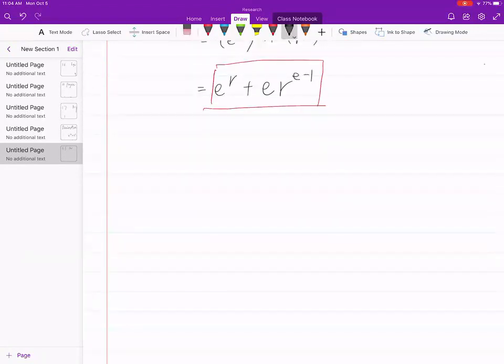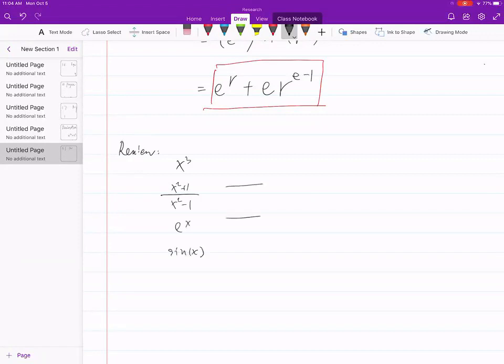Okay, brief review. It's been a while. Power we can handle. Rational, we have quotient rule. Exponential, we can do. Trig. After that, power, log, and trig inverse.